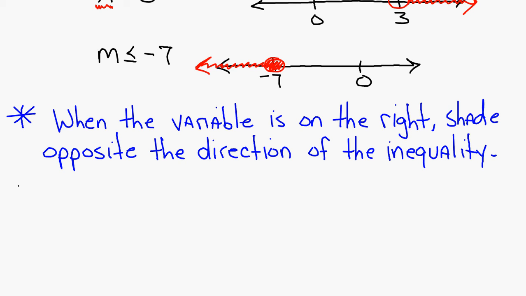When the variable's on the right, meaning the right side of the inequality, shade opposite the direction of the inequality.